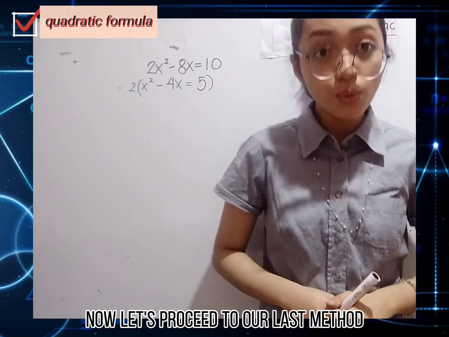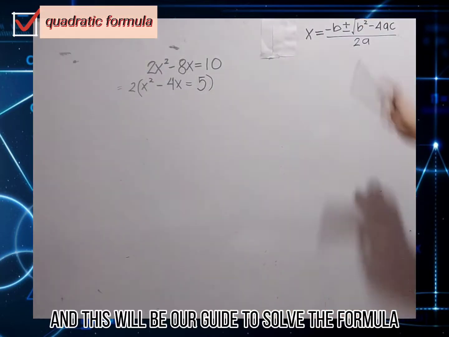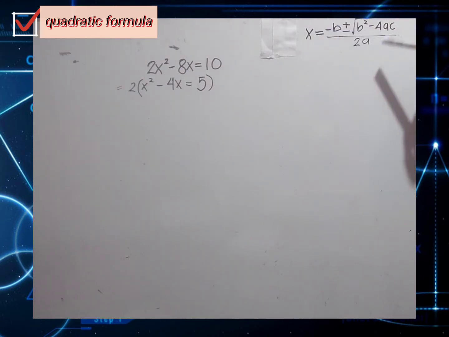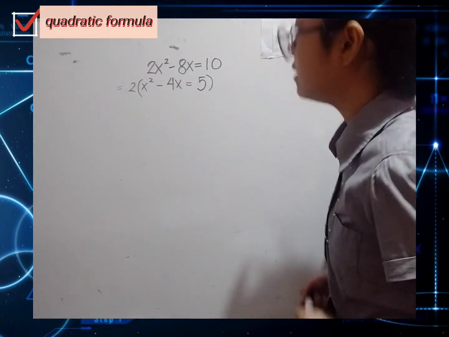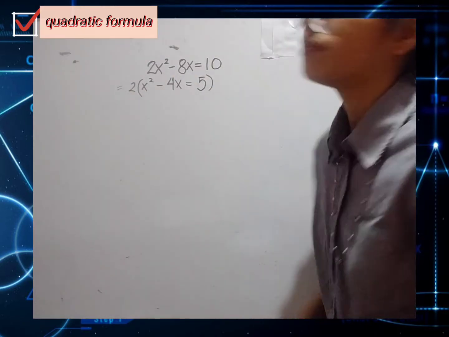Now, let's proceed to our last method, which is the quadratic formula. And this will be our guide to solve. The formula is x equals negative b plus or minus the square root of b squared minus 4ac, all over 2a. So, for our first step, we see that this is the same as what we factored to get its simplest form.